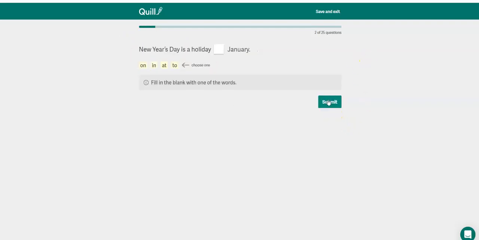Because they're typing these in, spelling is important. Now on these, it's not that big of a deal. New Year's Day is a holiday in January. So they have the word right here. The chances that they're going to misspell that is very small. But let's say they did. It is going to tell me, hey, this is misspelled. It's not one of your options. You can't do this.